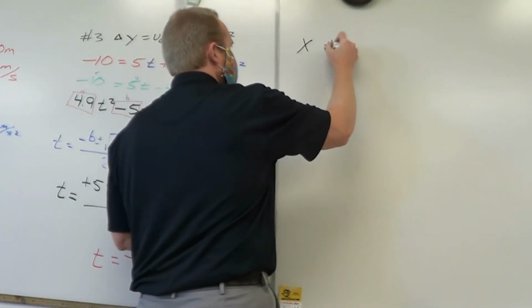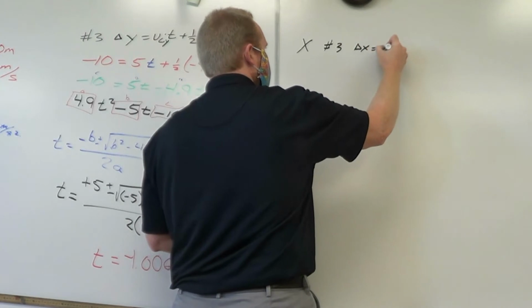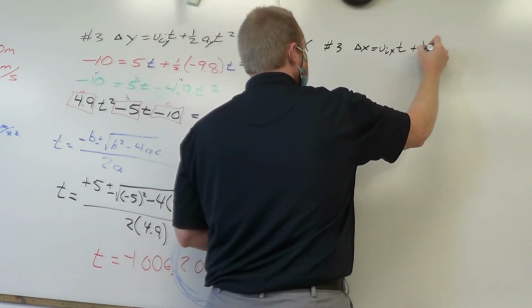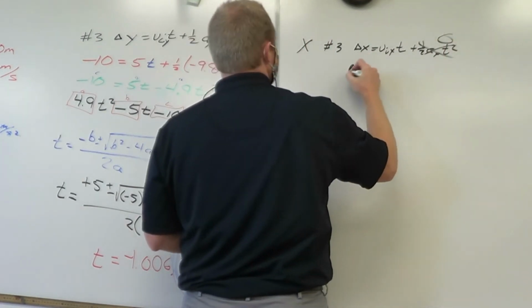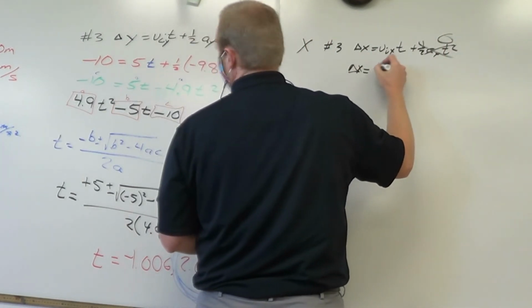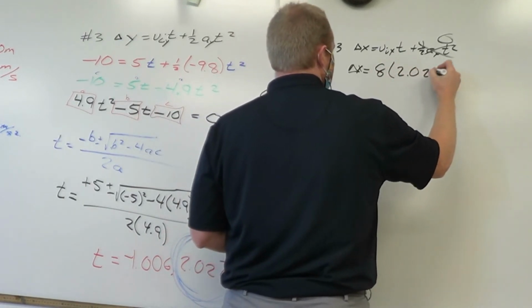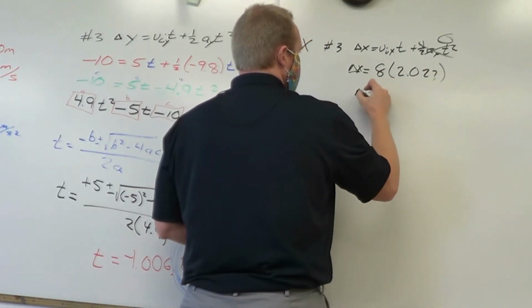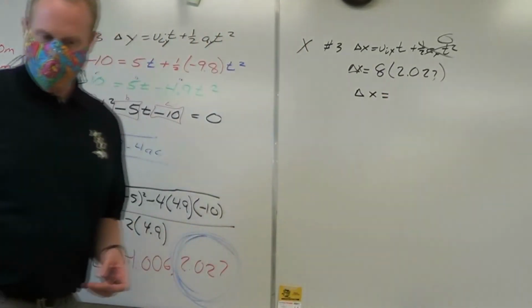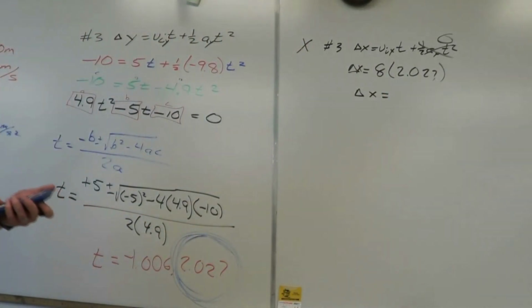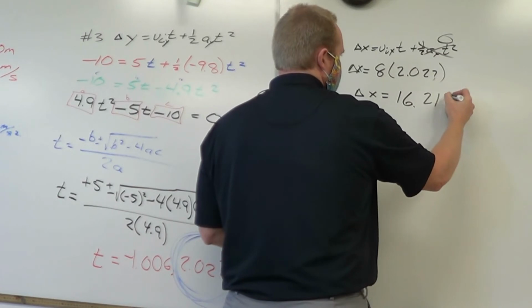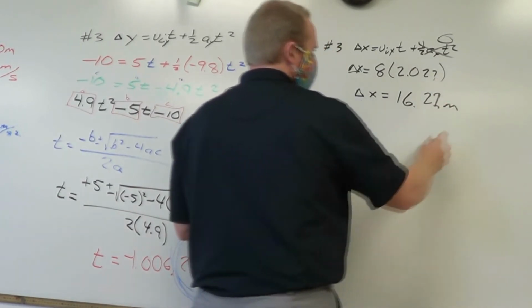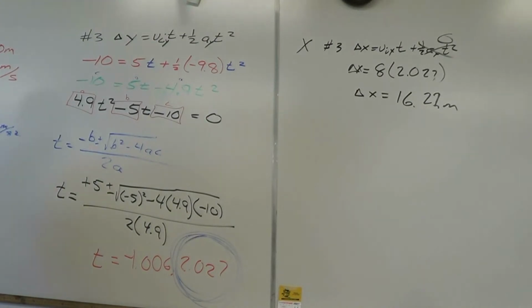In the x direction, we use equation number 3, delta x is equal to v_ix times t plus 1/2 a_x t squared, and this is still 0, so my delta x is equal to 8 times 2.027 seconds, and my delta x is going to be right around 17 something. 2.027 times 8 is going to be closer to 16, I guess. Okay, 16.22 meters.